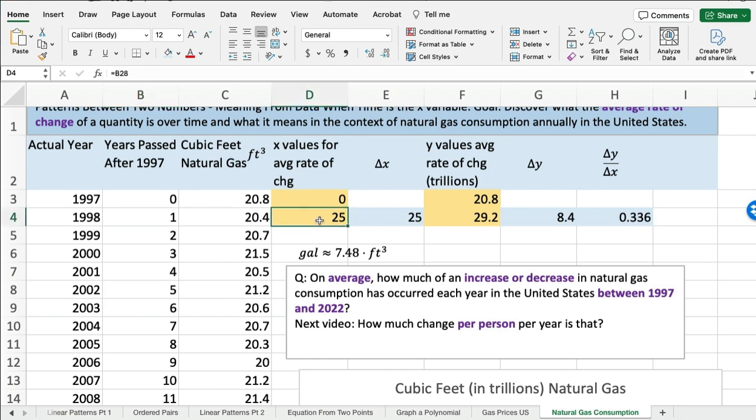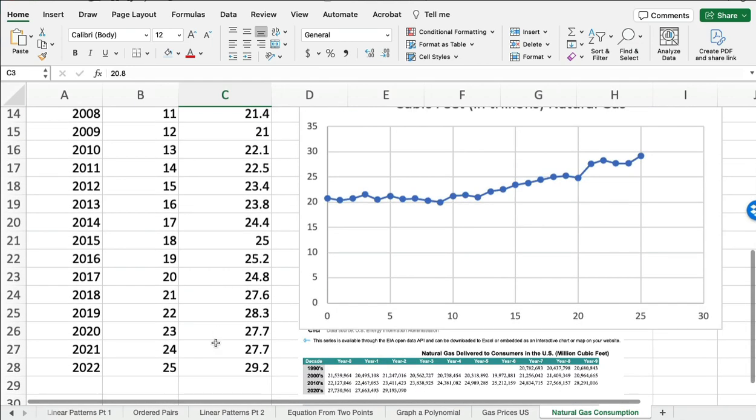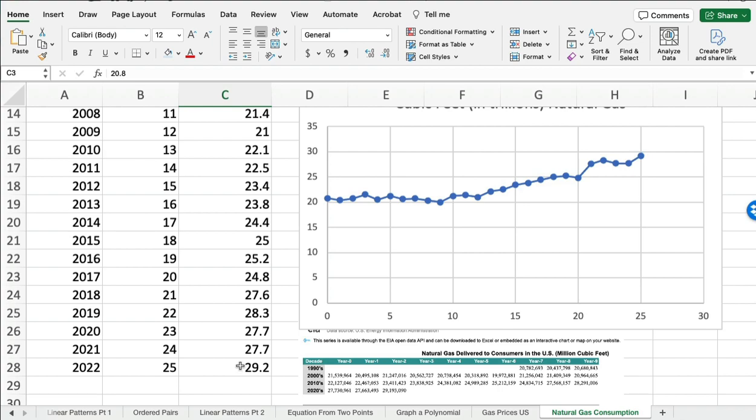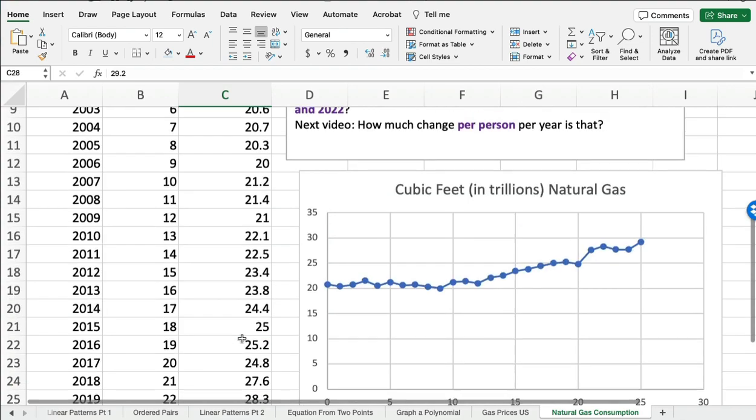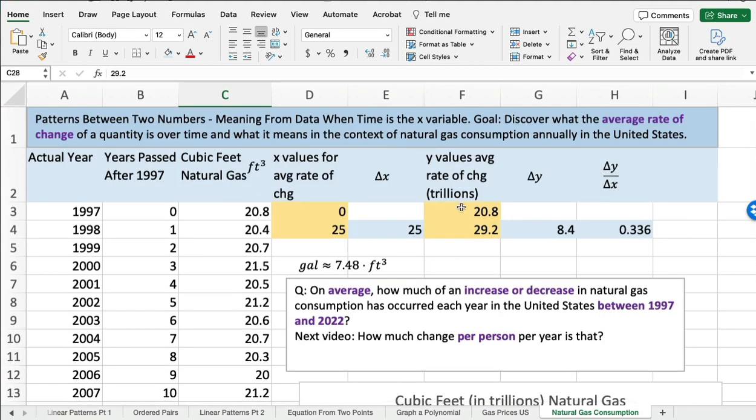So those are our two x's, 0 and 25. The two y's, we just copy them from the table again. The y value in 1997 was 20.8, and the y value in 2022 was 29.2. You can see those there.